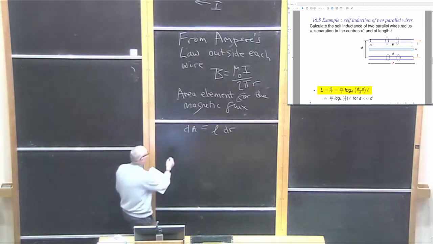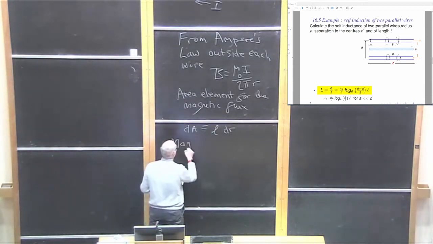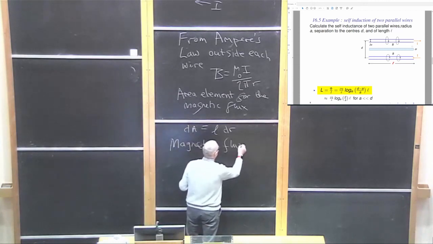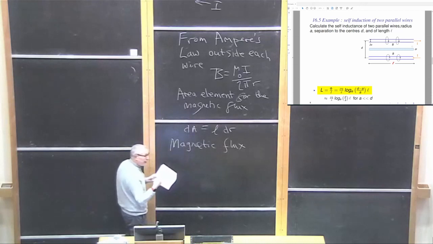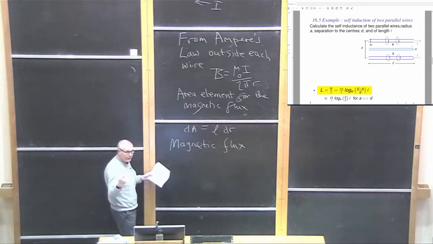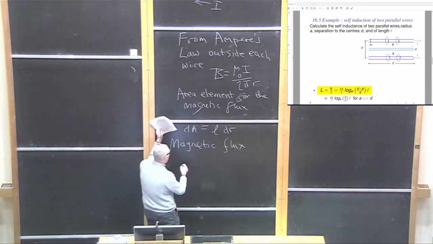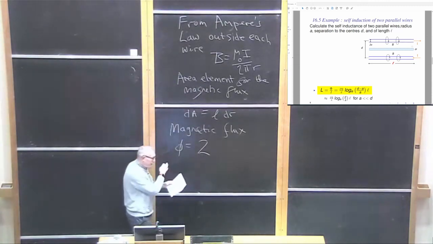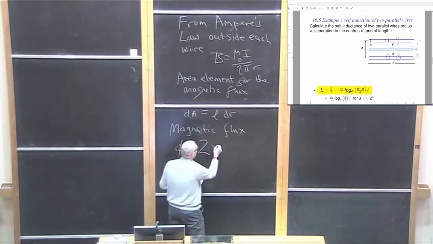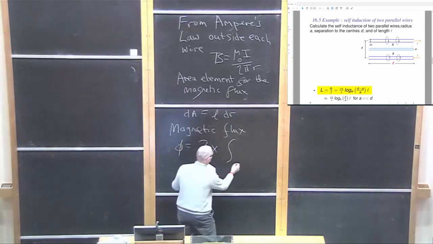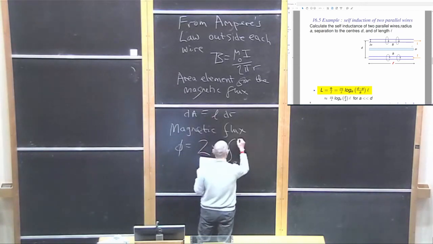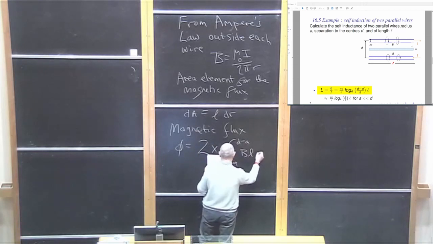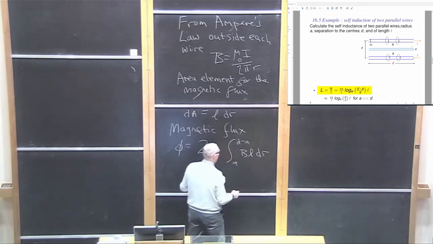So therefore, I can calculate the magnetic flux, which is just the integral of B dA. The magnetic flux is 2, I'll explain that 2 later, times the integral from a to d minus a, B L dr.